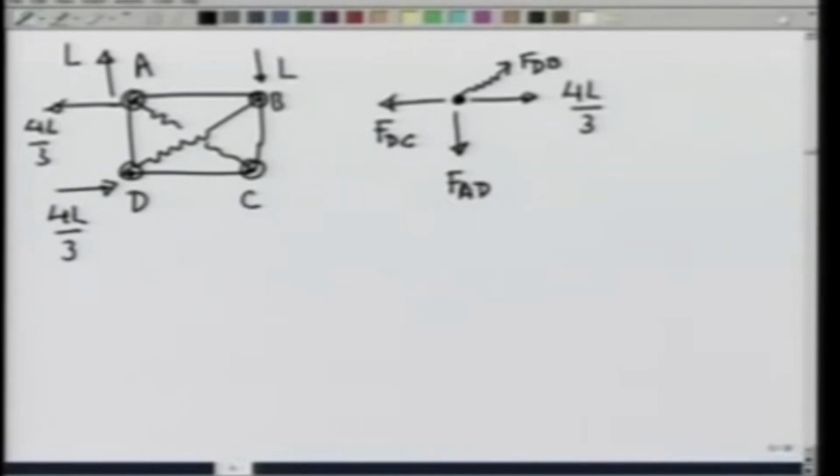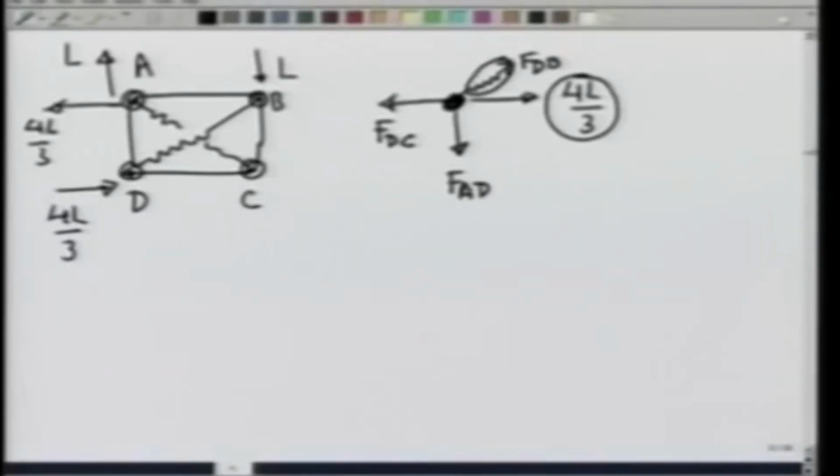Now, one can see that this joint is under a force 4L by 3. So, this is going to be pushed to the right, and if it is going to be pushed to the right, the rope is also going to be pushed in, but rope cannot sustain any compressive force. So, F_DB is going to be 0.